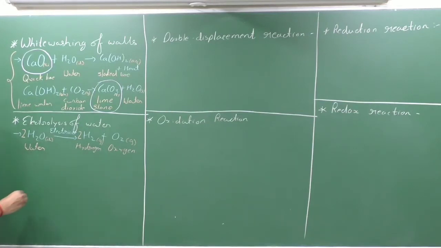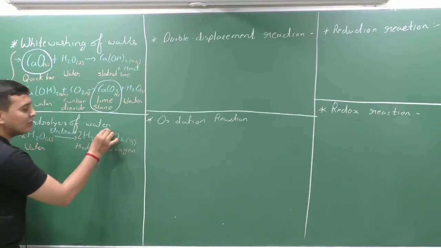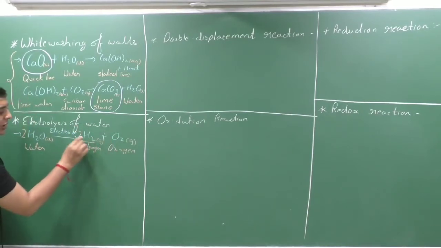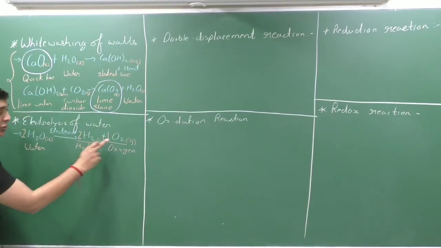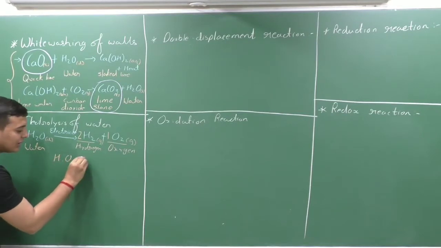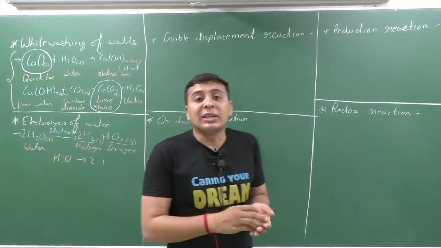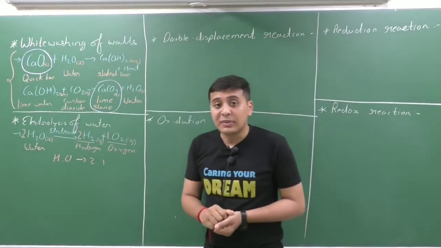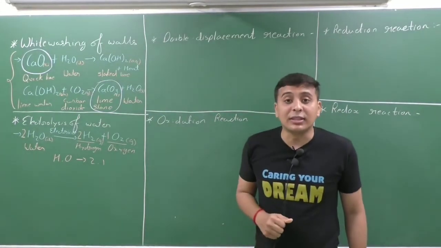But now see, by electrolysis of water, we get 2 hydrogen molecules and 1 oxygen molecule. How much hydrogen? 2. How much oxygen? Nothing is written, it means 1. So the ratio of hydrogen to oxygen is 2:1. So we will get double the amount of hydrogen compared to the oxygen.